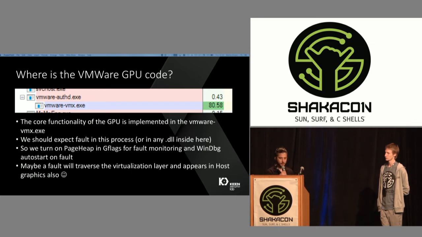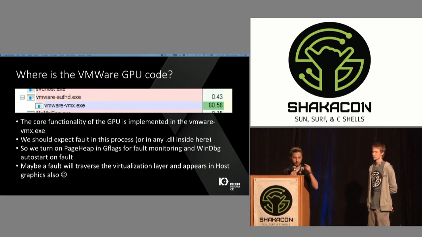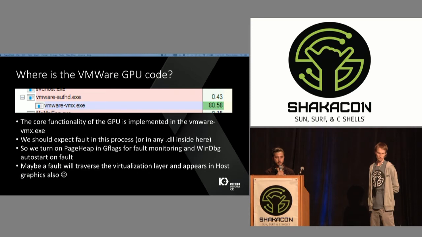So if we want to fuzz VMware GPU, we should expect crashes in this process. So what we want to do to improve our chance of catching bugs is to turn on page heaps in the global flags of Windows and turn on WinDBG auto start.